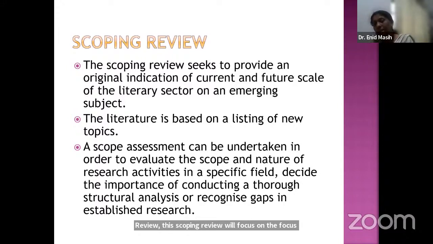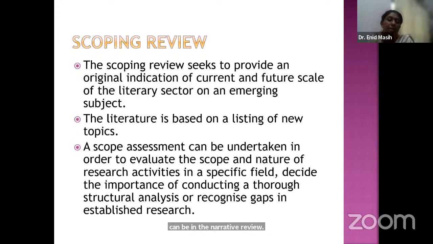Just like in the narrative review, we are not focusing on any structural analysis to identify the gap. In that narrative review, we are just simply basing our understanding to select the gap which is there in the previous studies and the present study that we are doing.